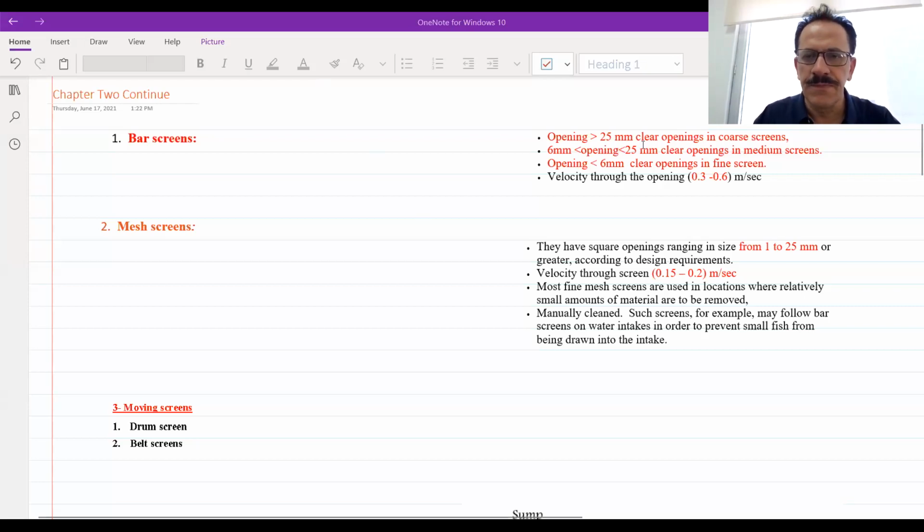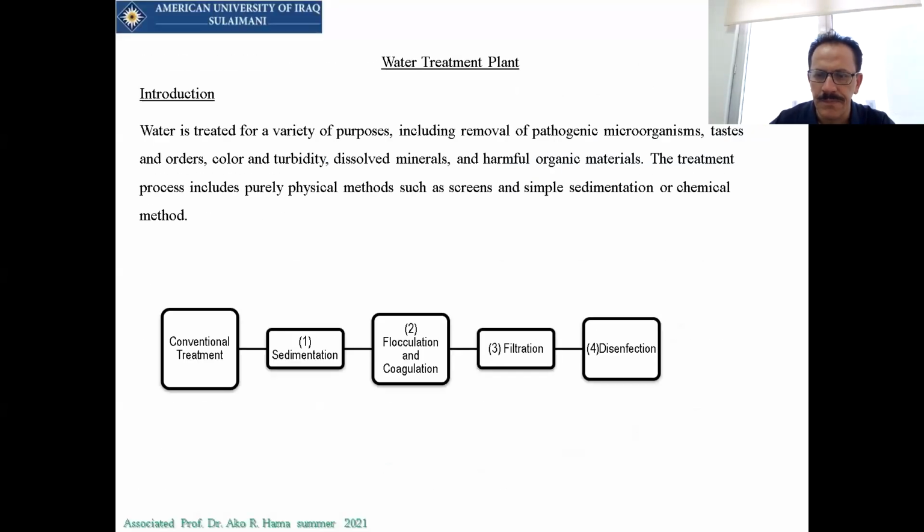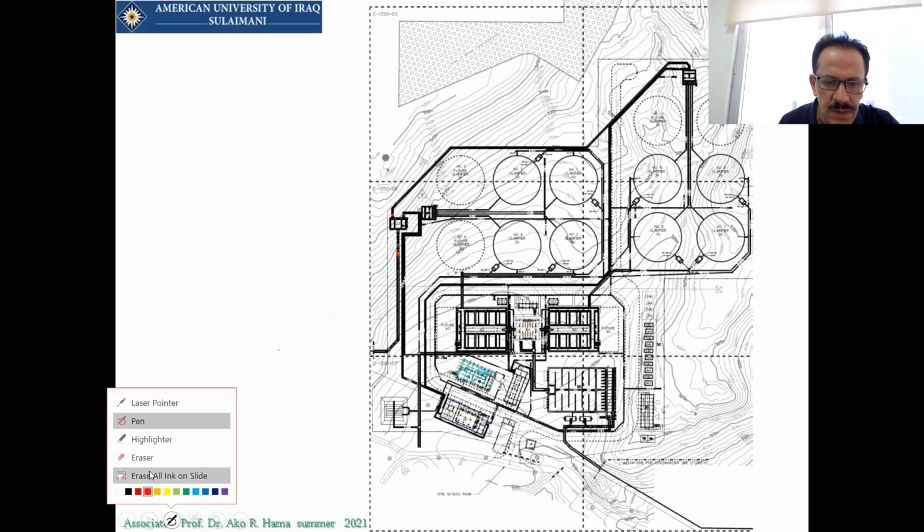So before that, let me show you the one that we have in Suleimania water treatment plant. This is the Suleimania water treatment plant. Actually, this plant is close to the river, close to the road that is beyond the river.